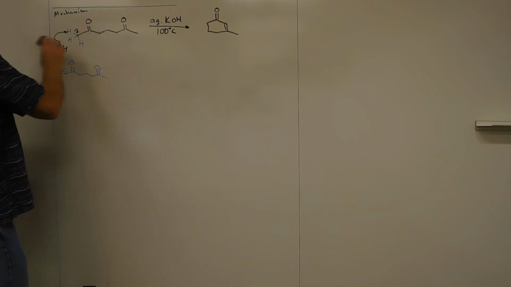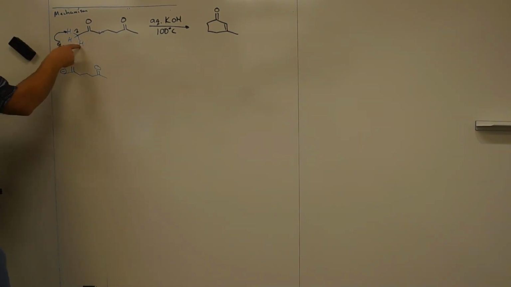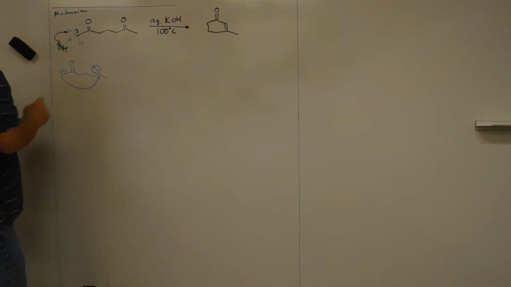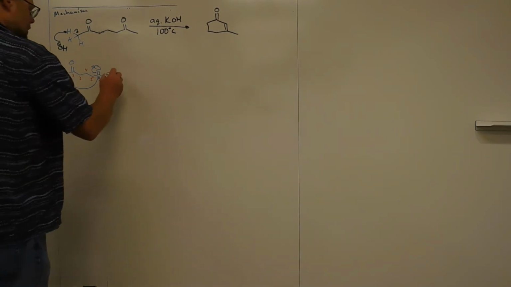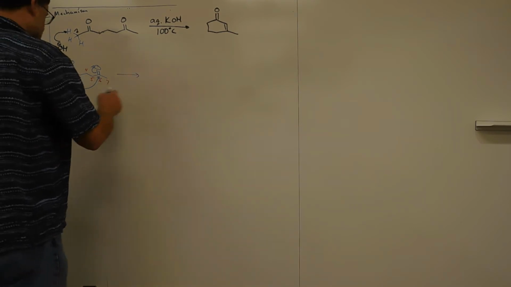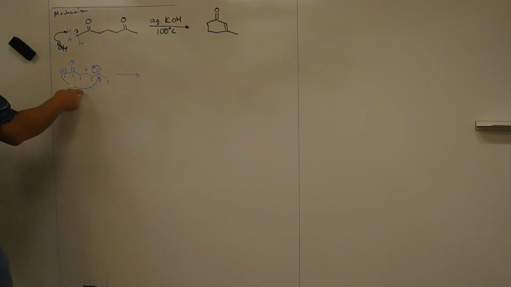So what about taking a blue proton off and getting this enolate? Now, cyclize. Let's put numbers on this. 1, 2, 3, 4, 5, 6, 7. I highly encourage you to do this as you're working these at home. So this cyclizes, and carbon 1 is going to attack carbon 6.